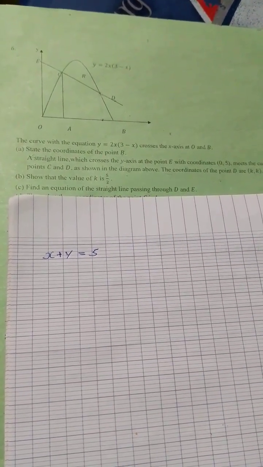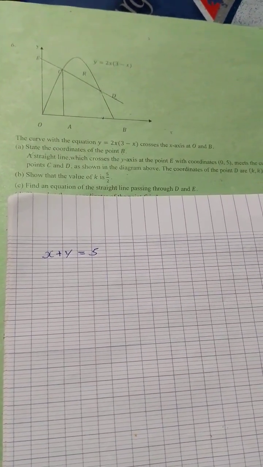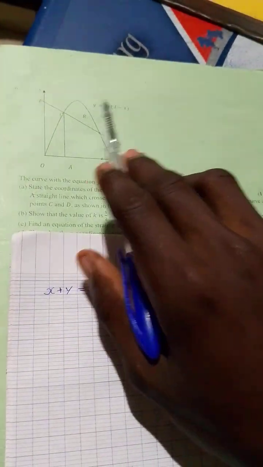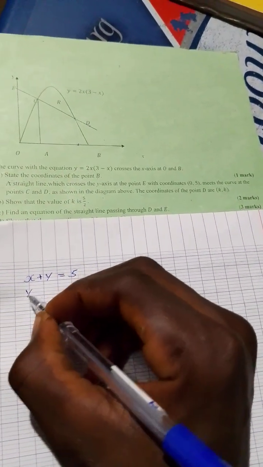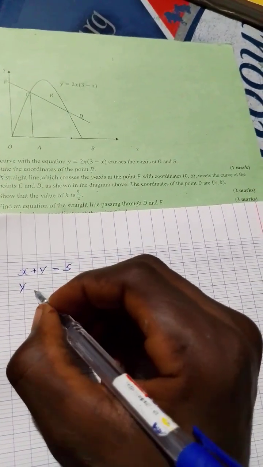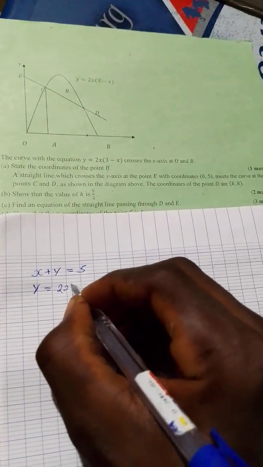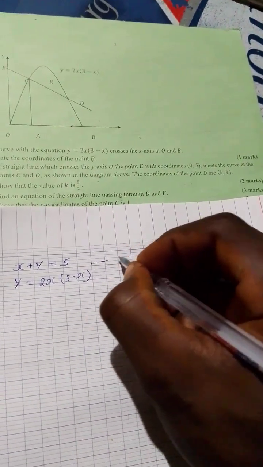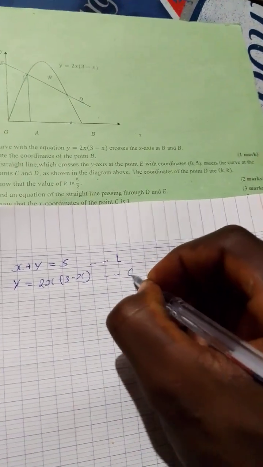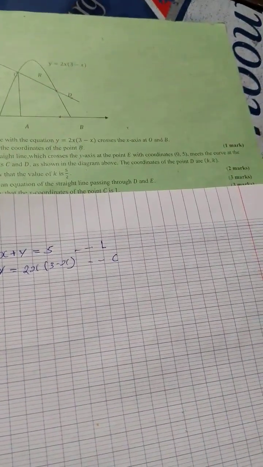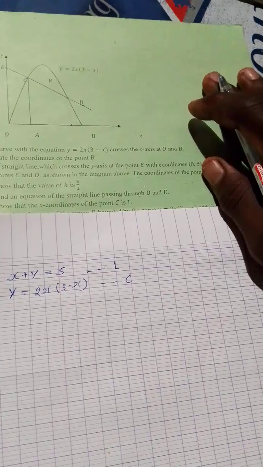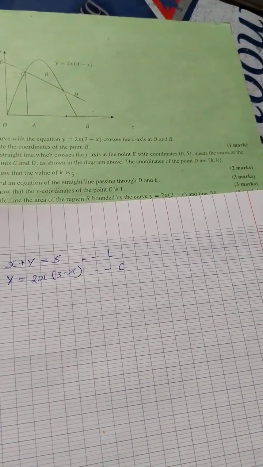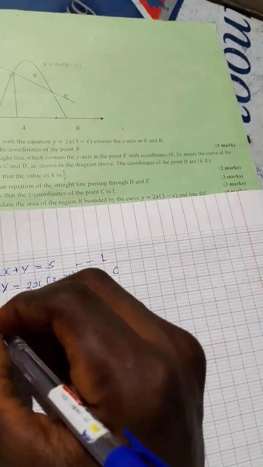And also the equation of the curve was given to be y equals 2x into 3 minus x. This one is for the line, this one is for the curve. Okay, now the D part says show that the x coordinate of the point C is 1.